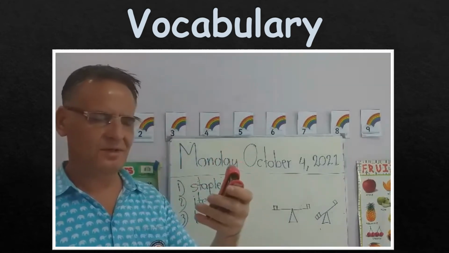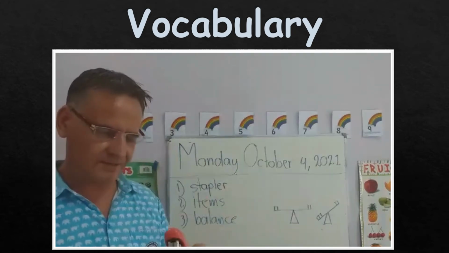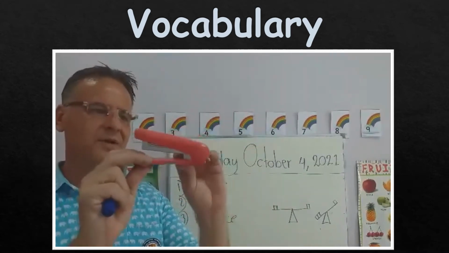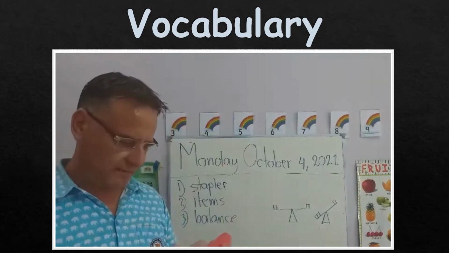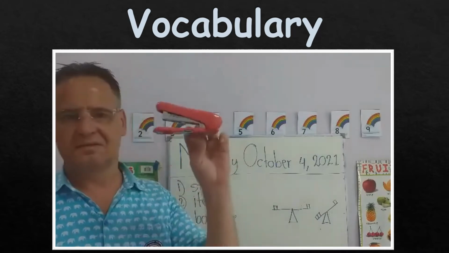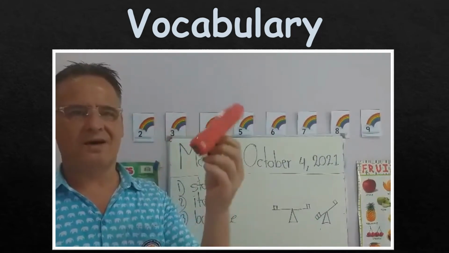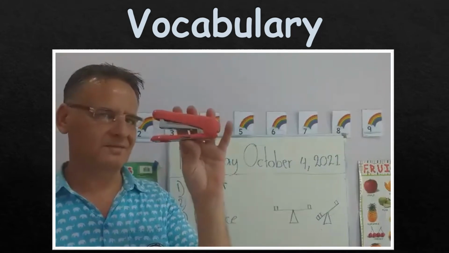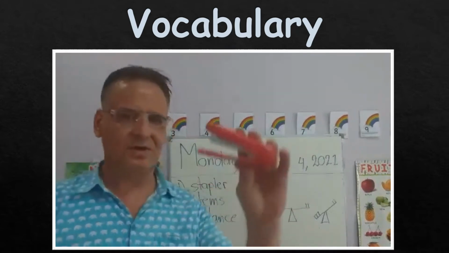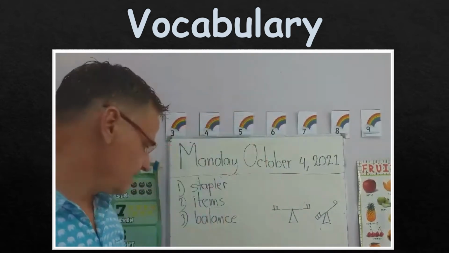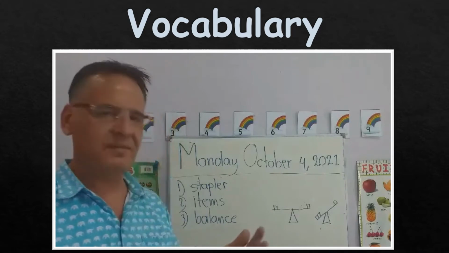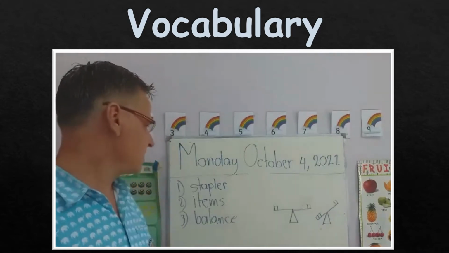You use it to put paper together. Later we have to guess what is the weight of a stapler like this. That's why I want to show you one. Later in the book we will also see a stapler, but we'll come to that later.